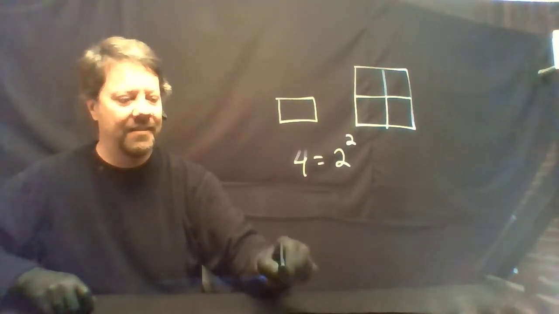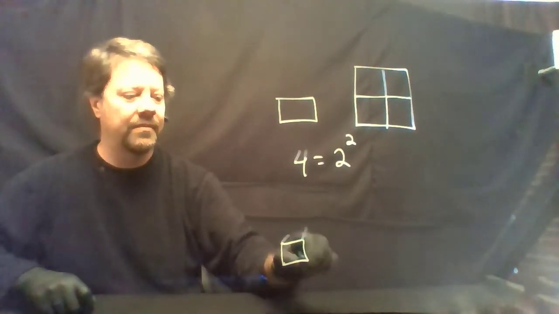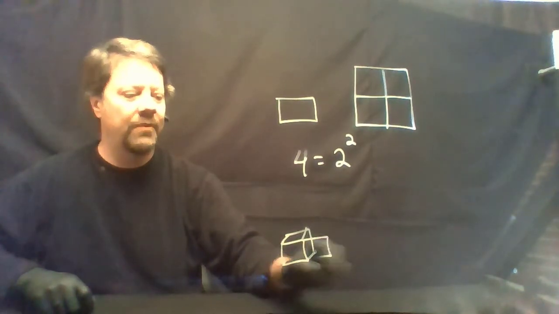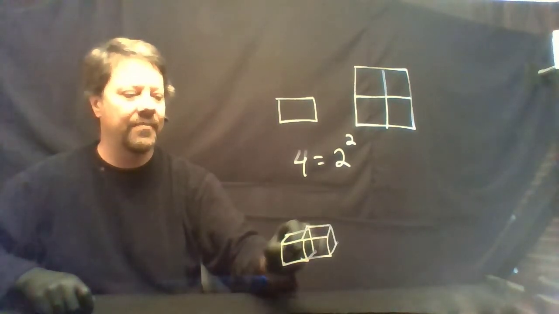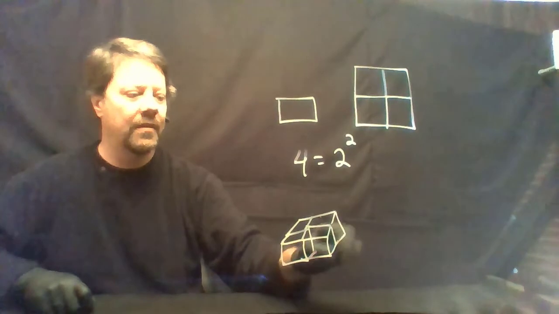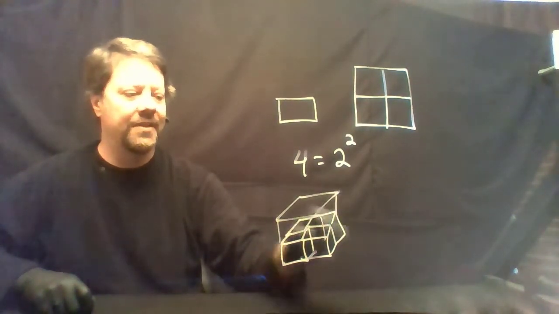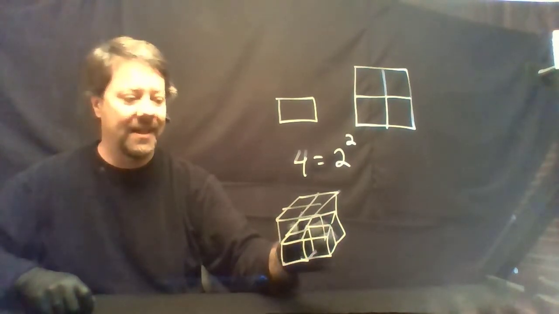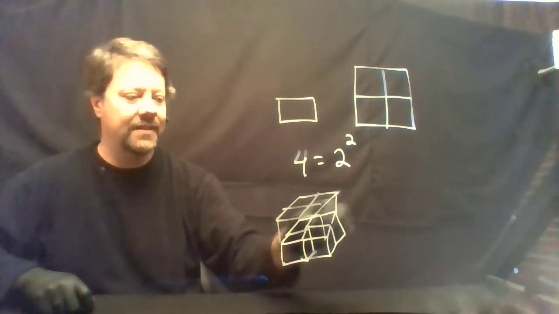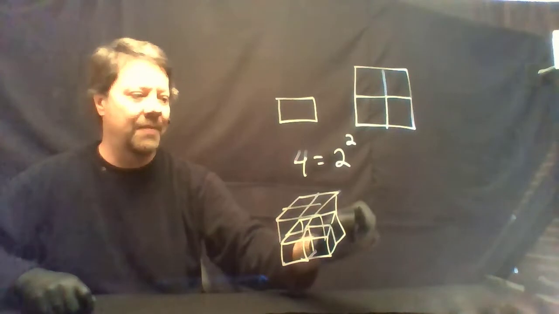If we had a cube and we want to double it, how many copies does it take? In this case, 1, 2, 3, 4, 5, 6, 7, 8. It takes 8 copies.